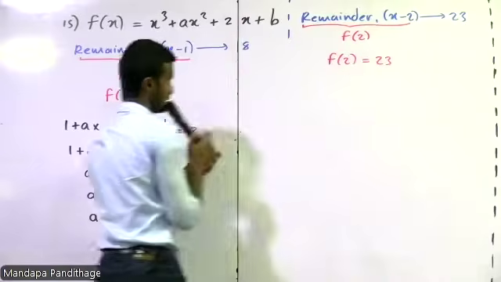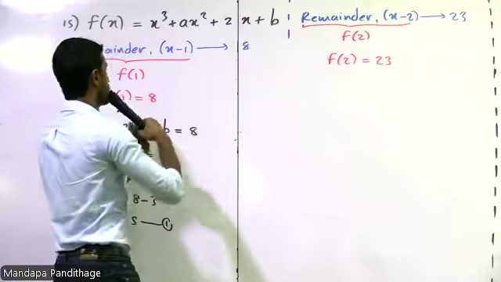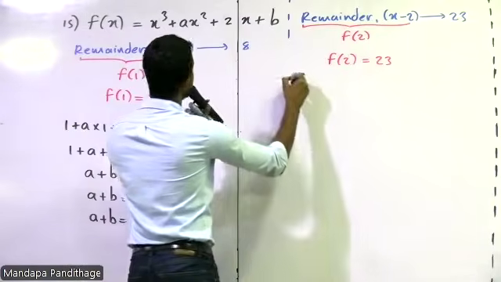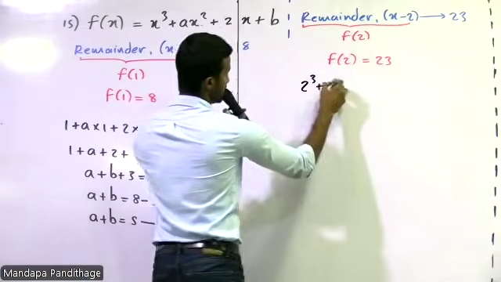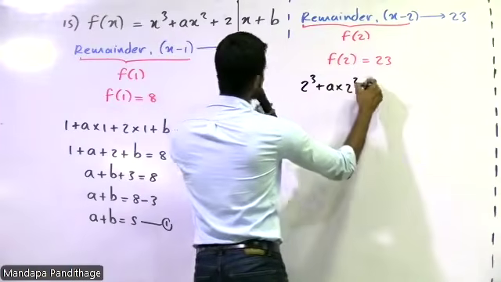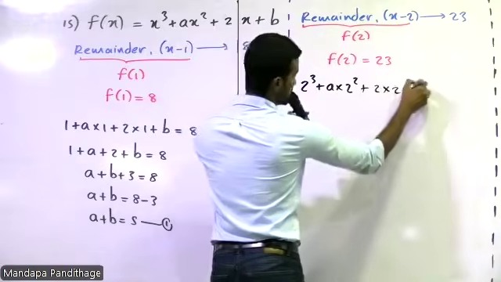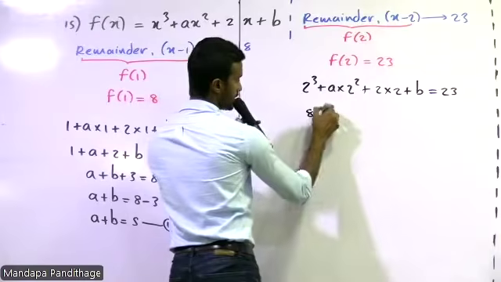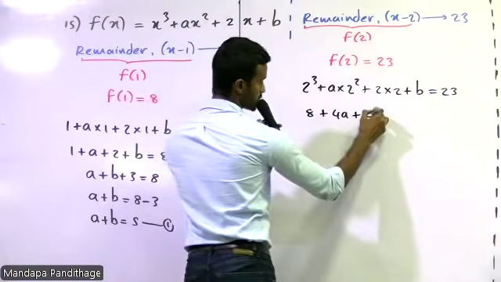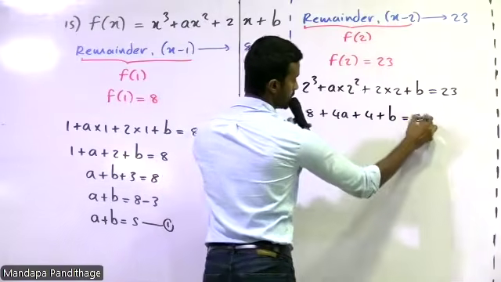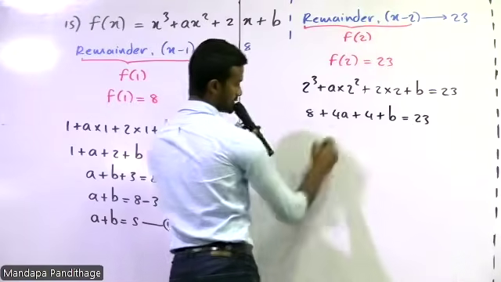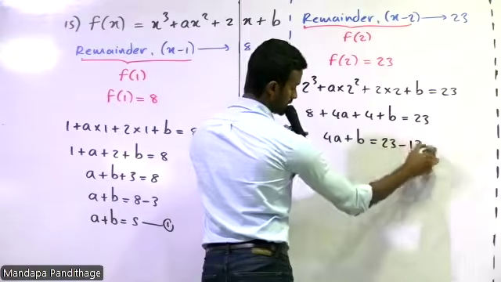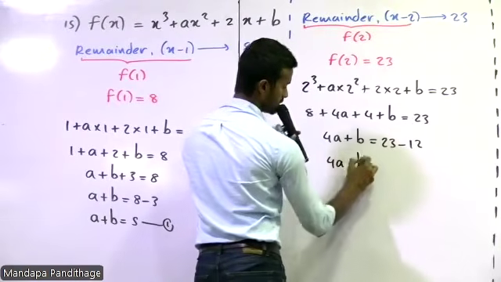So what is f2? Substitute 2 cube plus a into 2 squared plus 2 into 2 plus b is equal to 23. So I get 8 plus 4a plus 4 plus b is equal to 23. It's 4a plus b is 23 minus 12. So 4a plus b is equal to 11.